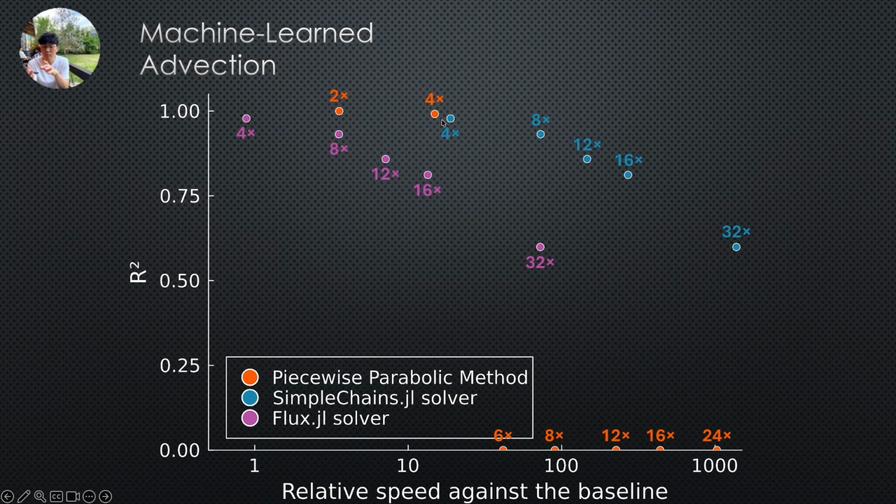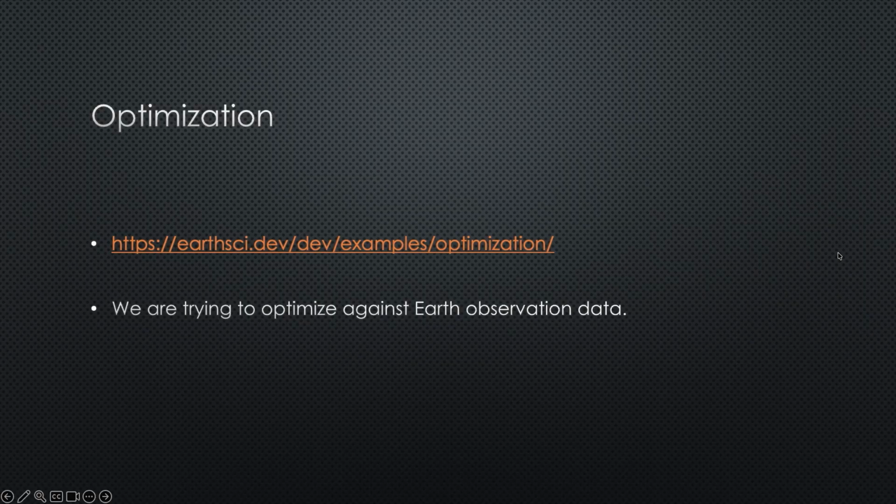But when we take the same neural network and re-implement it in another framework called SimpleChains, which is optimized for small neural networks, then we get a system that's a lot faster than the reference model, right? Just by making this implementation change, we go from a system that's not useful at all to one that potentially can be.